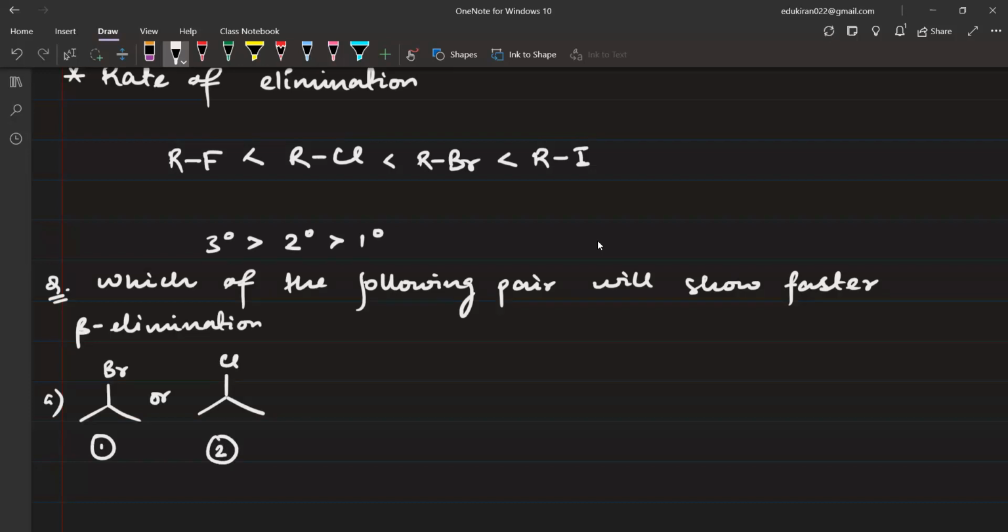In the A structure, which one is going to give the fast reaction? And in the B structures, please see. So in the A question, you have to tell me 1 or 2 which is going to give faster, and in the B structure you have to tell me 1 or 2 which is going to give the faster reaction.